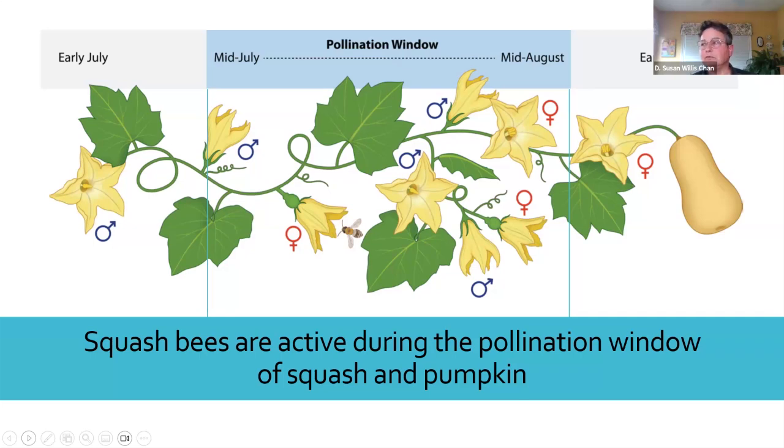That's because that's when most of the female flowers are available. And mid-August is probably the latest time when, if you pollinate a female flower, you'll get a mature fruit by harvest. The interesting thing about this is that squash bee activity and the squash pollination window coincide.